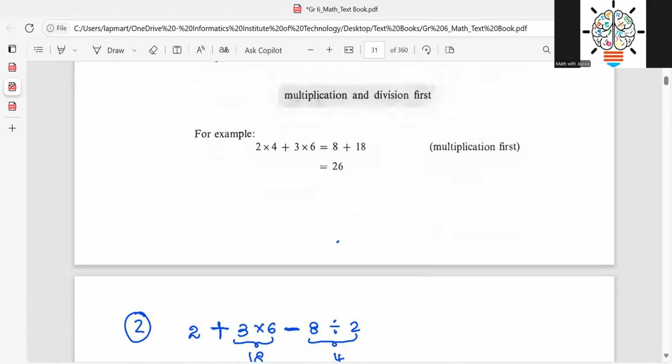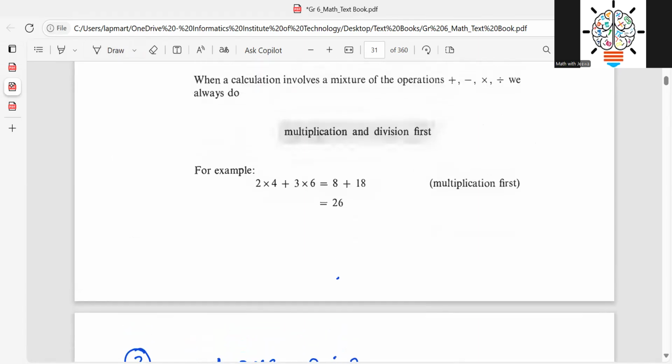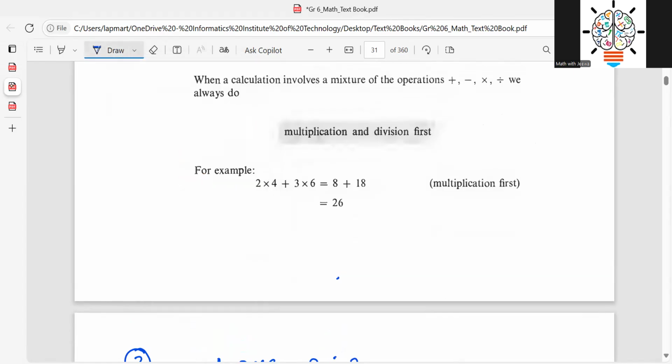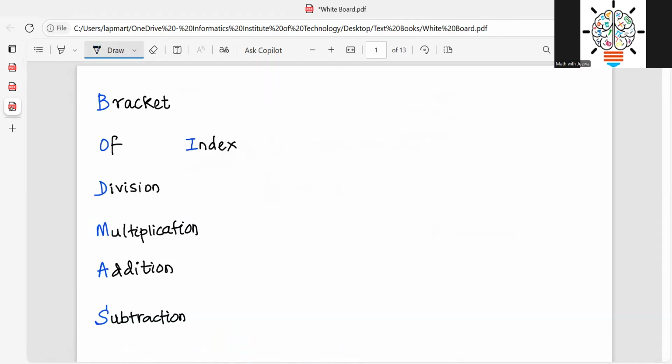This is the first example. I will do it here one by one. Look at this, children. Don't do anything. First, look at this: 2 times 4 plus 3 times 6. According to BODMAS, are we going to take the addition first?